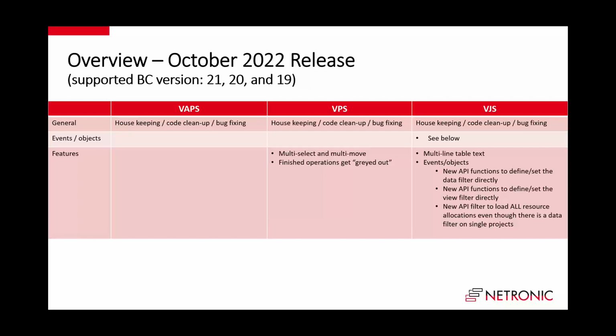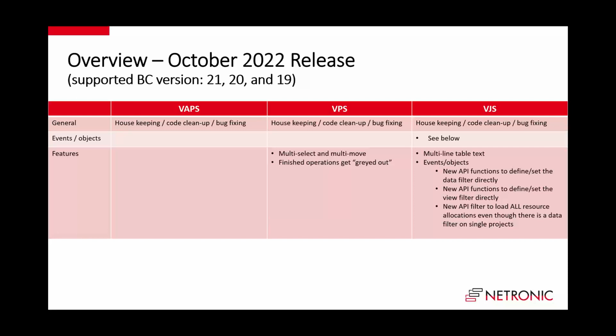And these events and objects are all centered around filtering. We had a lot of partners who said our customer does not want to open the VJS from the VJS menu and then define a filter on a certain project.